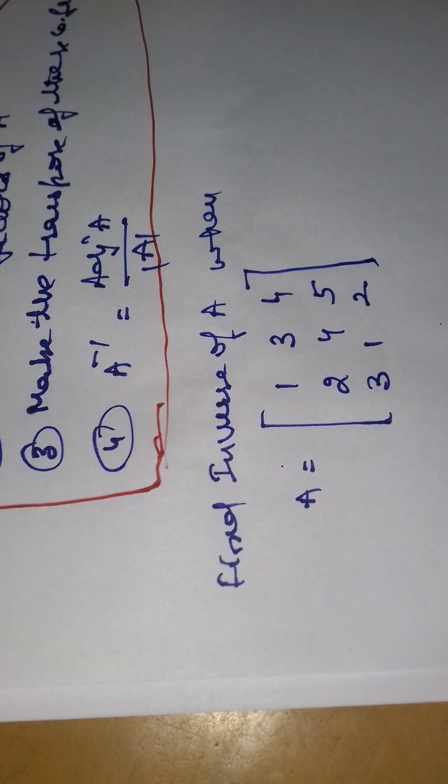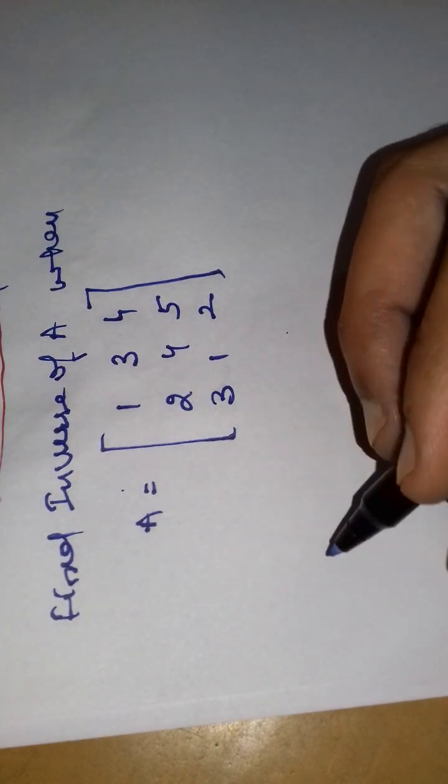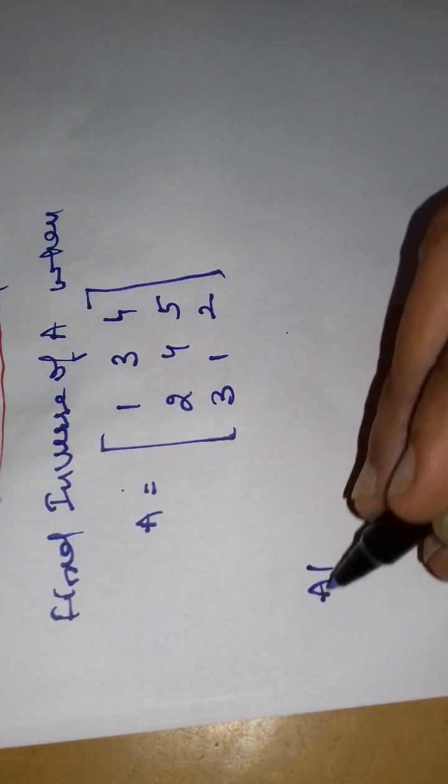You can check my previous lecture as well, in which I had given the same value and we found the determinant of A. Let's do it again. Okay, it's very simple.